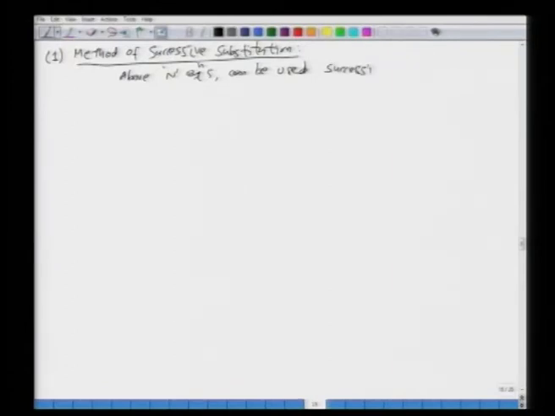What do we mean by successively? One after the other, for estimating the u's, starting from, for example, the first equation. What is the first equation?